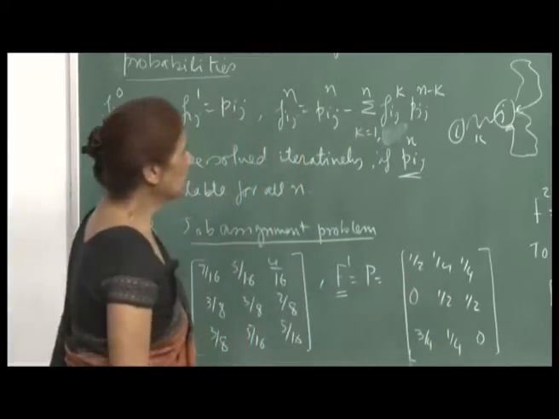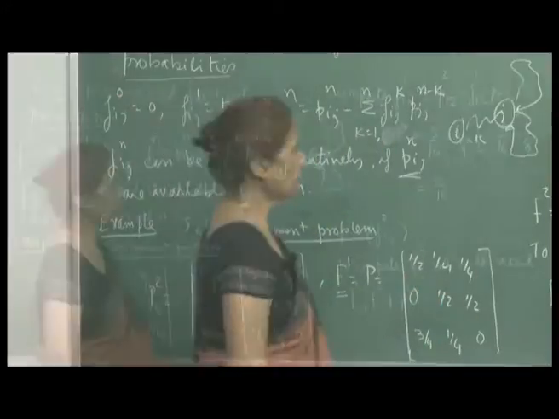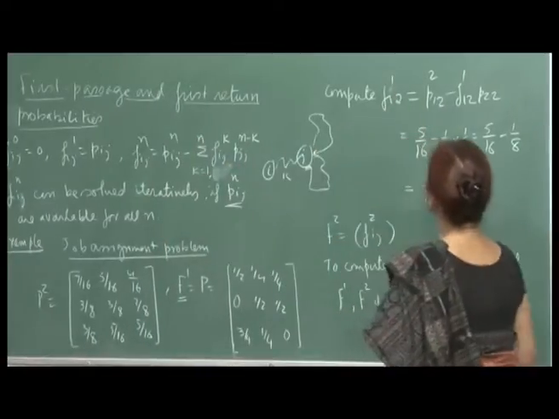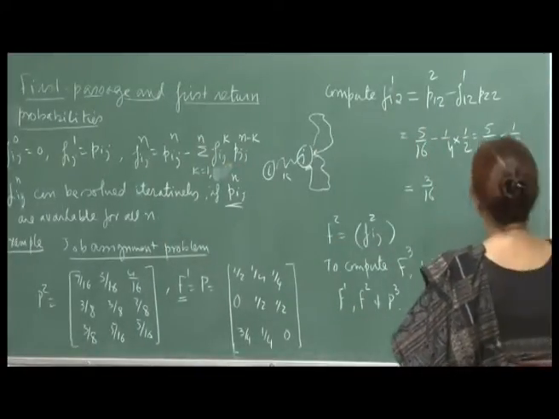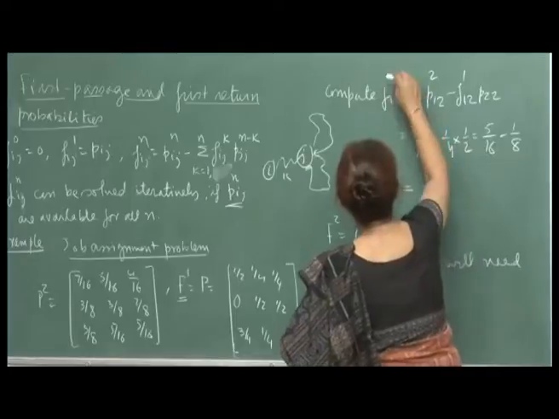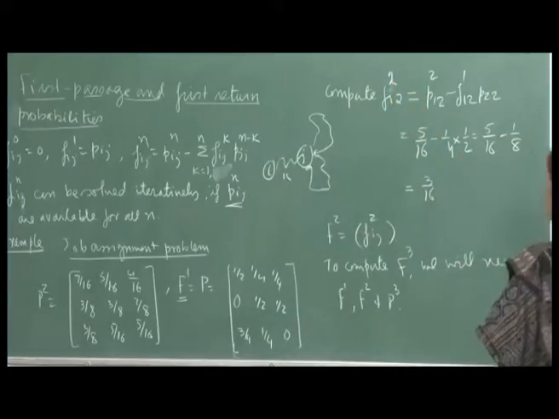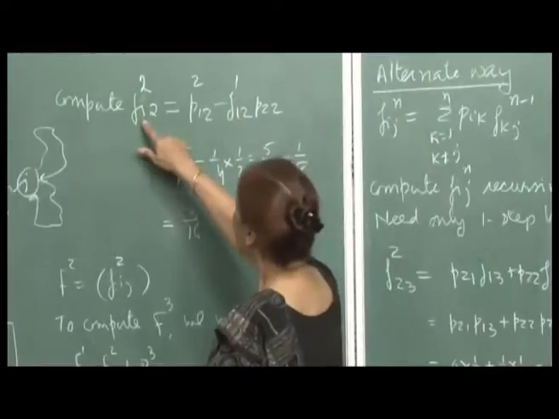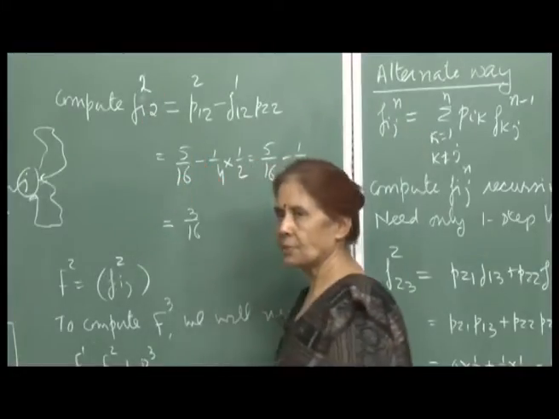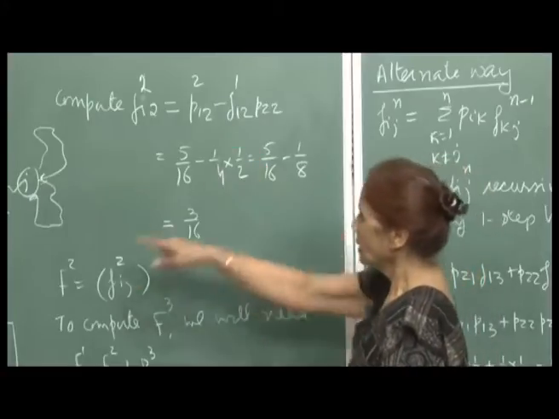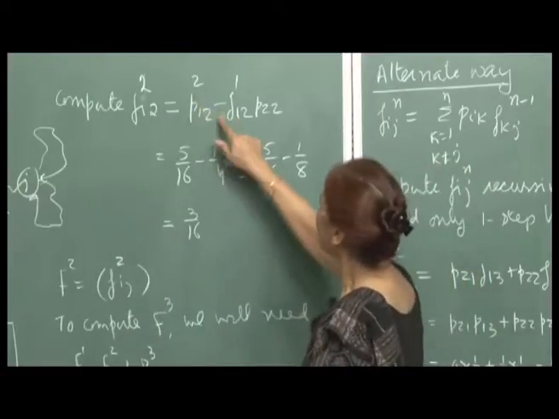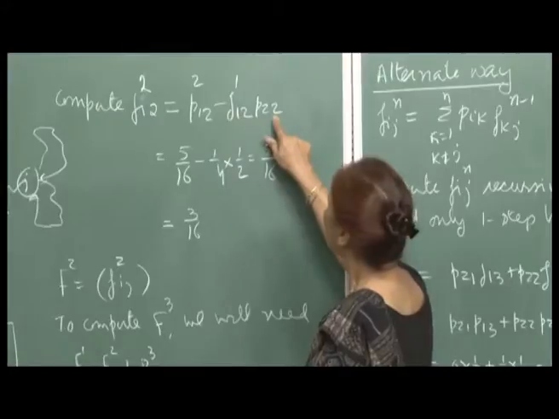If you want to compute, for example, F12(2), you want to compute the probability that you transition from 1 to 2 in 2 steps. So this will be by the formula P12(2) minus F12(1) P22(1).